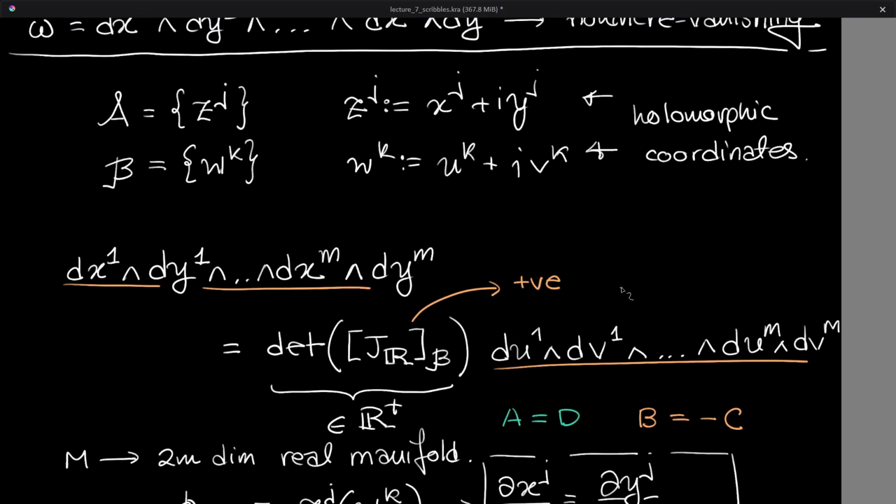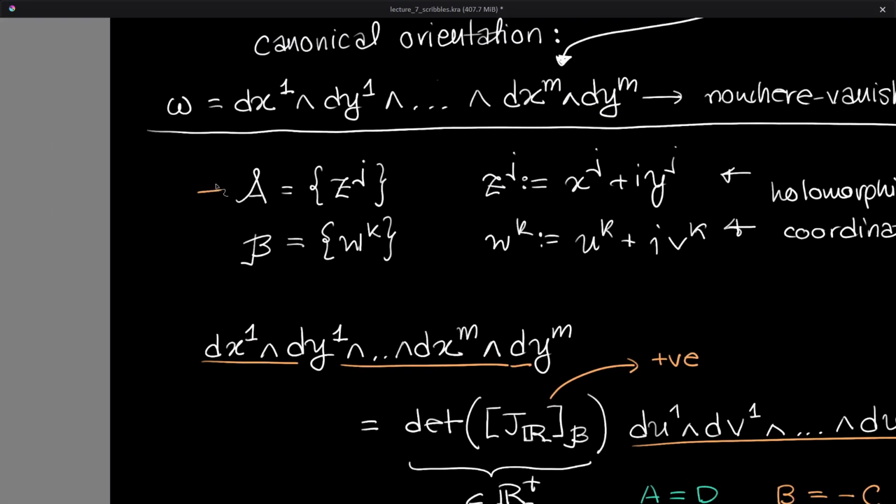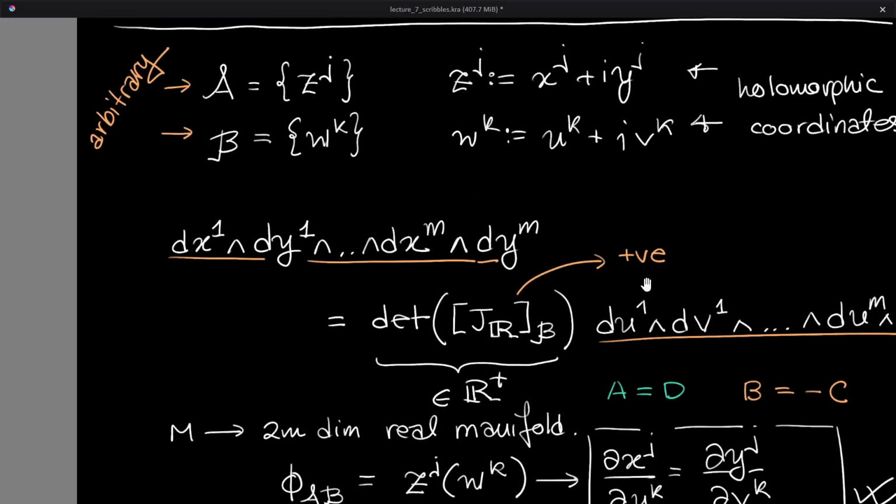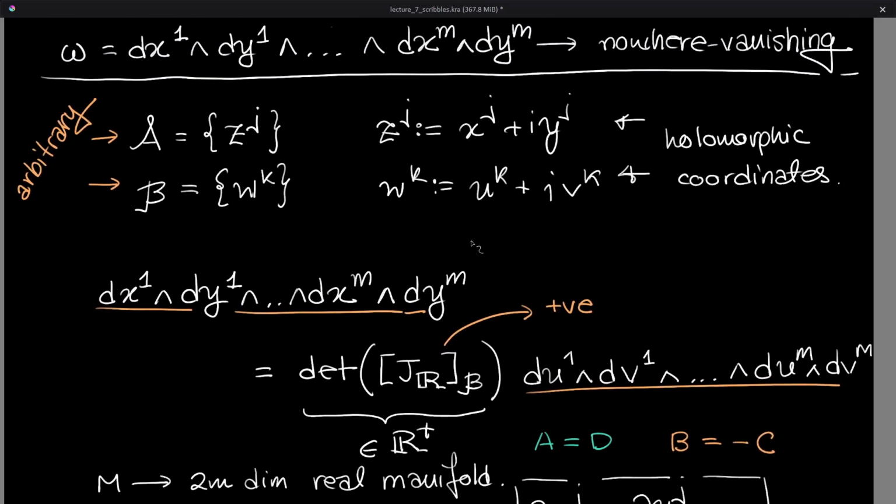So therefore, because these two coordinates that we chose were arbitrary, any two local coordinates over the same portion, obviously, have the same orientation.